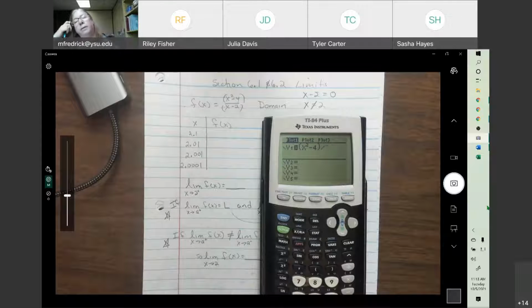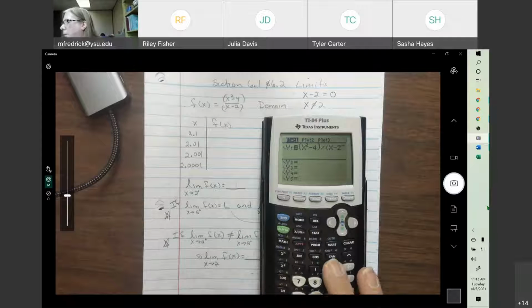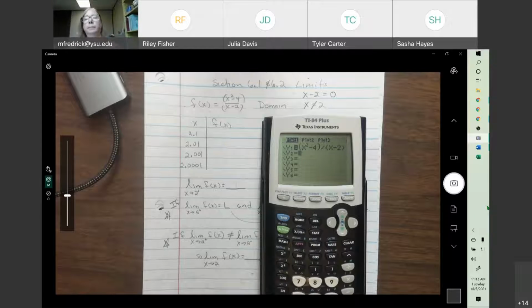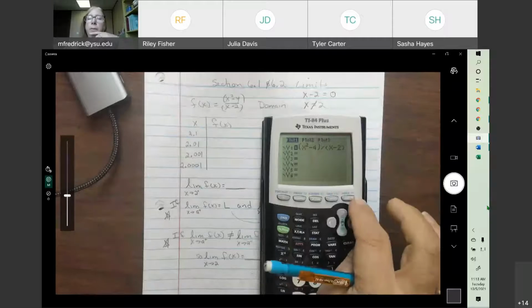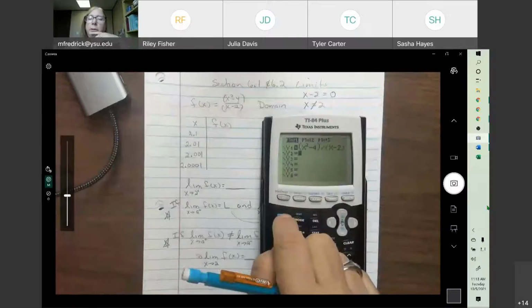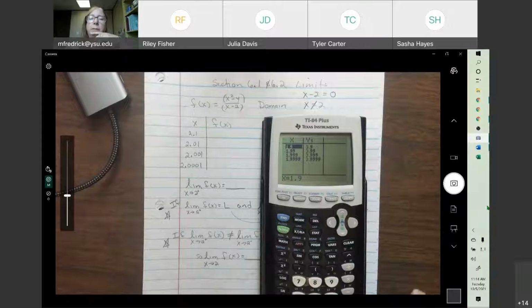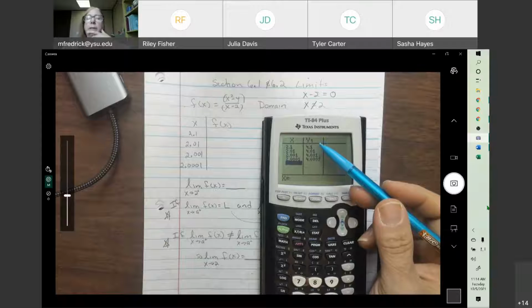If you do not have a fraction bar, you have to put your top and bottom in parentheses. You don't need to graph it, so the window doesn't matter. You just go to table, and then you can plug values in. 2.1, 2.01, 2.001. And it'll give you the values.